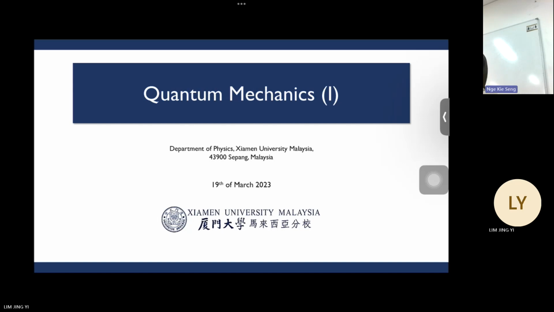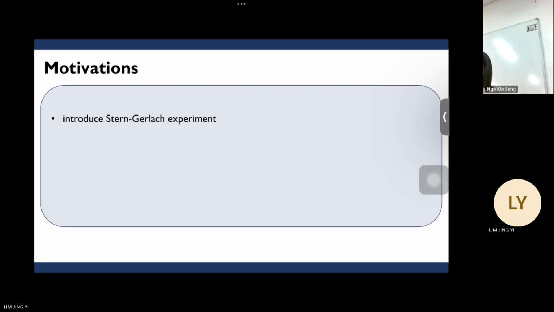I think I will start with the motivation. At the beginning of this seminar, Alistair shared with us some insufficiencies of classical mechanics in explaining certain phenomena.